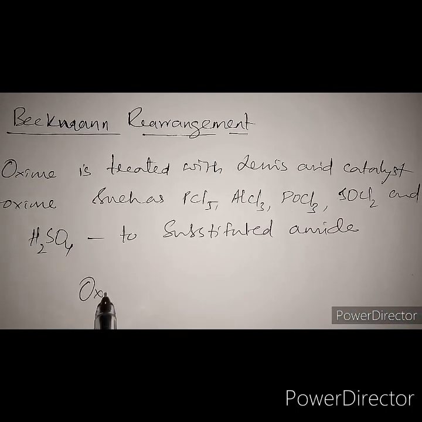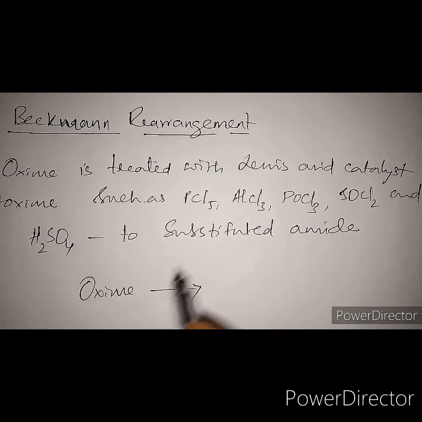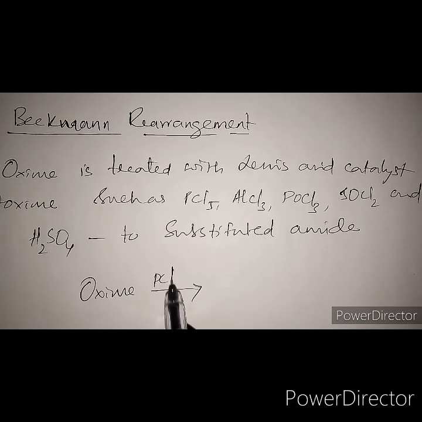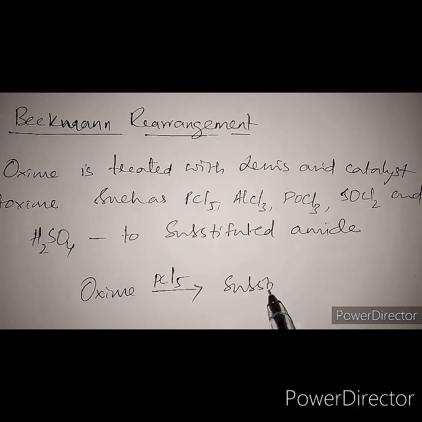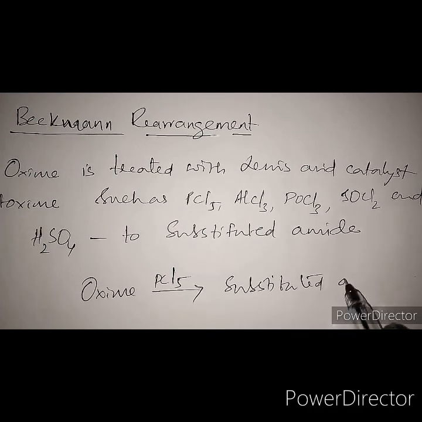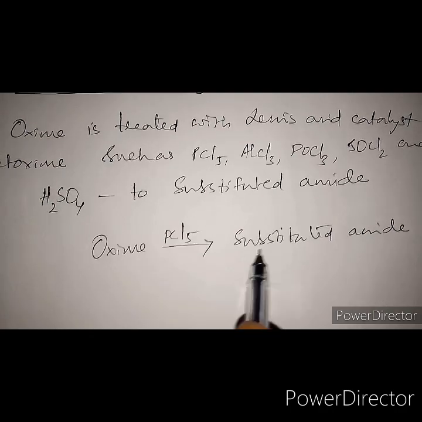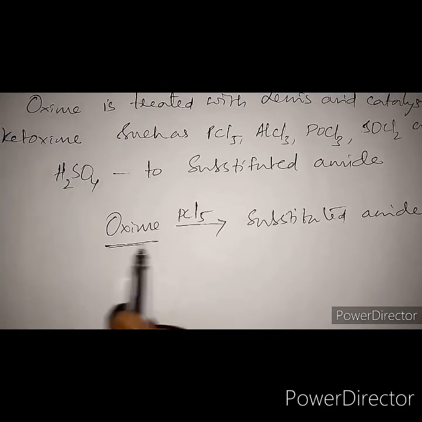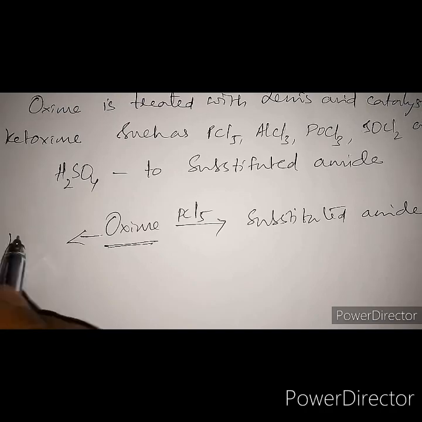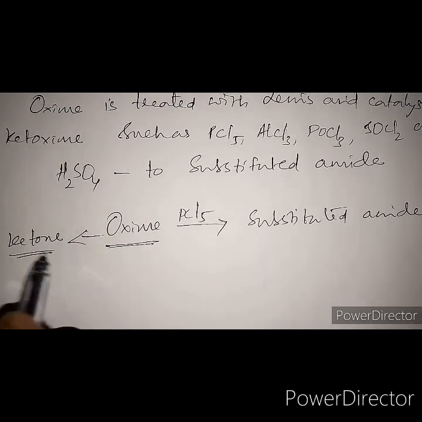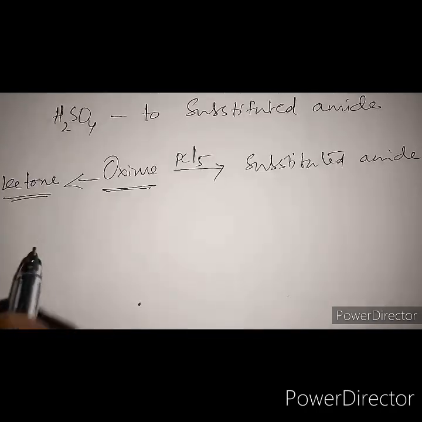Now we have an oxime treated with a Lewis acid catalyst, PCl5. Now it will be converted into a substituted amide, and this reaction we call the Beckmann rearrangement, and this oxime is derived from a ketone.